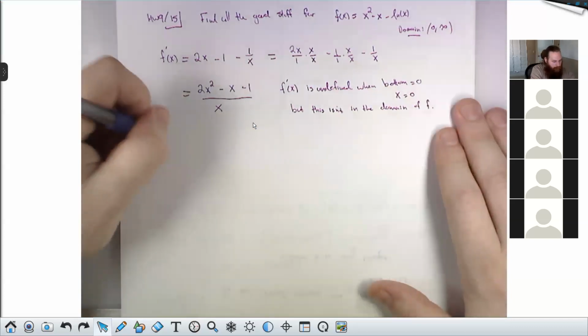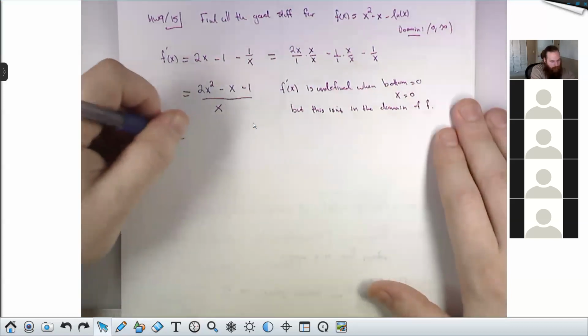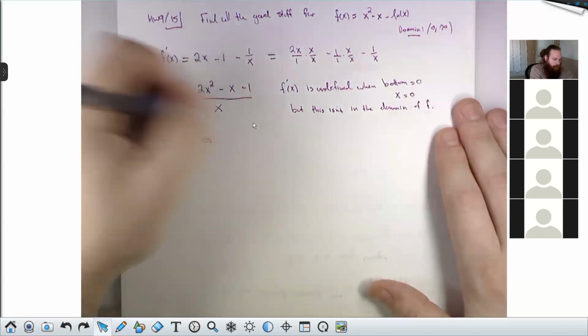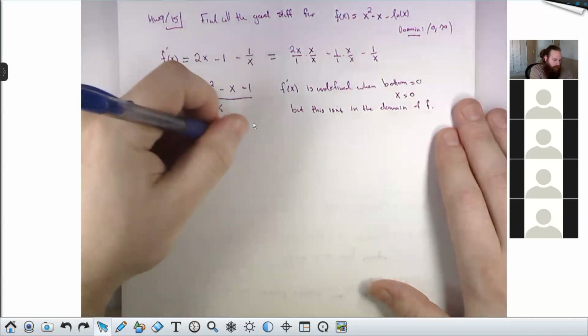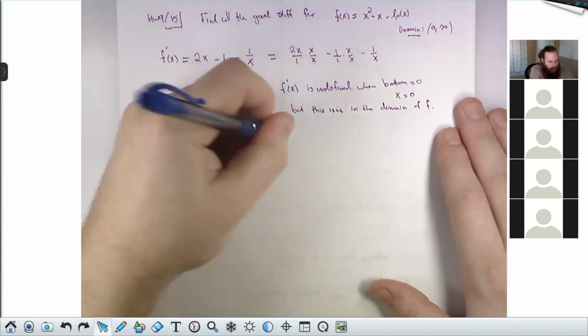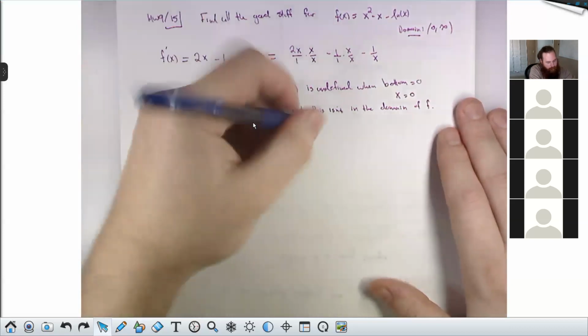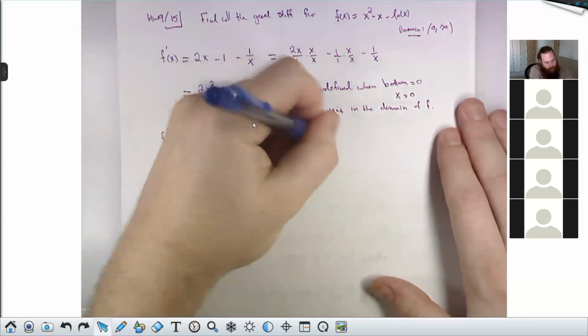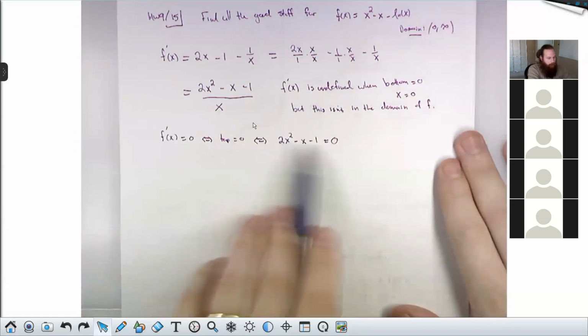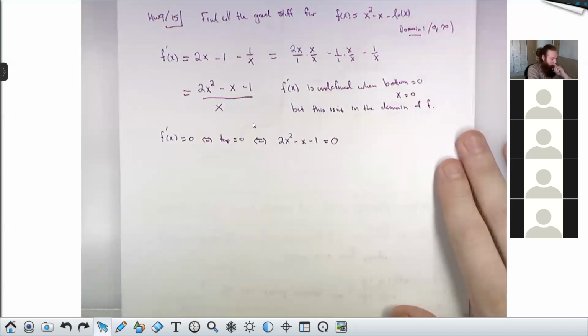F prime is equal to 0 if the top is equal to 0. And that means 2x squared minus x minus 1 is equal to 0. So I should try to factor that. This means I need two numbers that multiply to -2 and add up to -1.